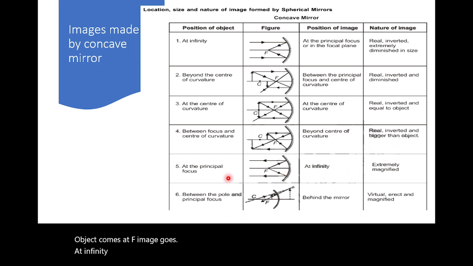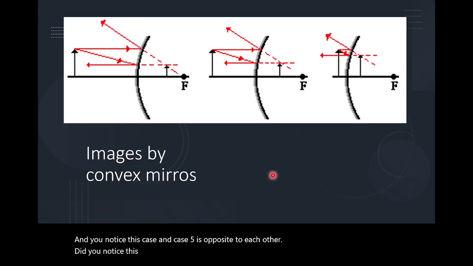So as you see here, the object is coming towards the mirror, image is going away from the mirror. And you notice this case and case 5 are opposite to each other. Did you notice this? Okay.